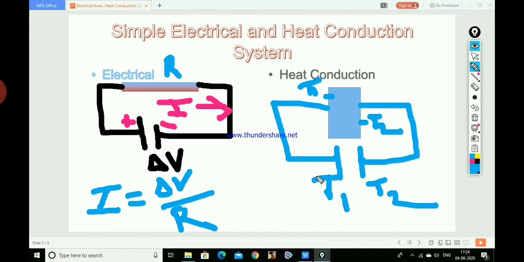It is the potential difference. Here we are having T1, T2, so this is the temperature difference, or we can say delta T.